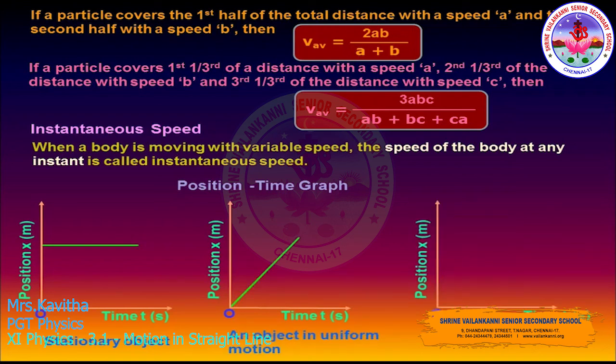Next, the object which covers distance uniformly with time: this is called uniform motion. The next graph shows non-uniform motion. We will see later what uniform and non-uniform motion are: uniform is equal distance covered in equal time periods, and non-uniform is unequal distance in equal time periods, or equal distance in unequal time periods. Okay. Thank you, children.